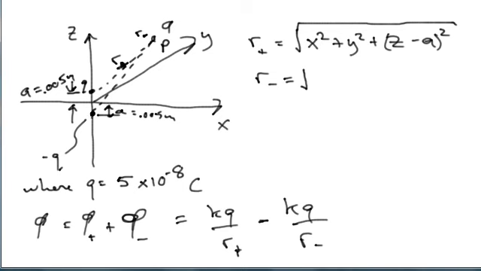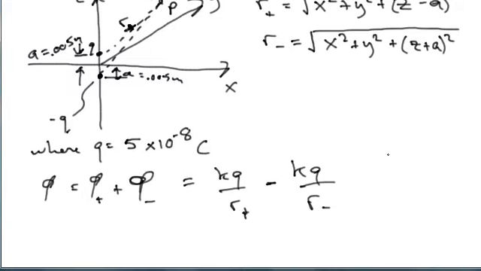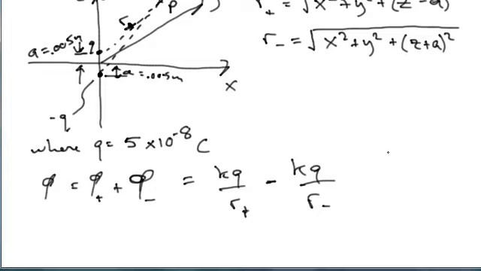So in other words, this point is at 0, 0, minus A. So at any rate, to get up to point P, I have to travel an extra distance A along the Z-axis. So this will be Z plus A squared. And so A is a given.